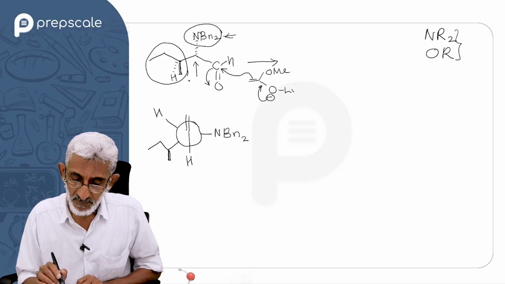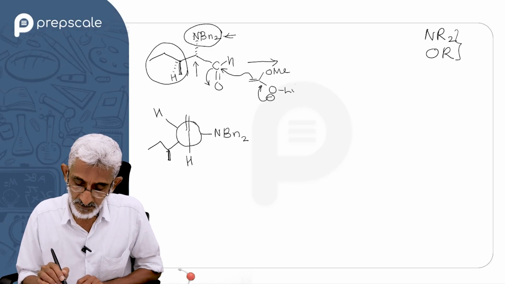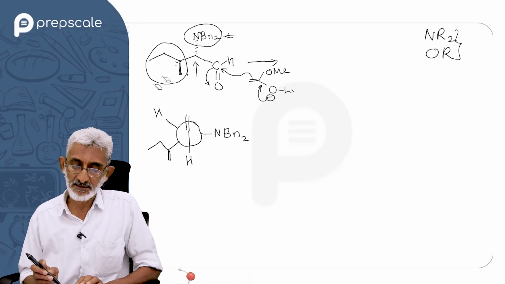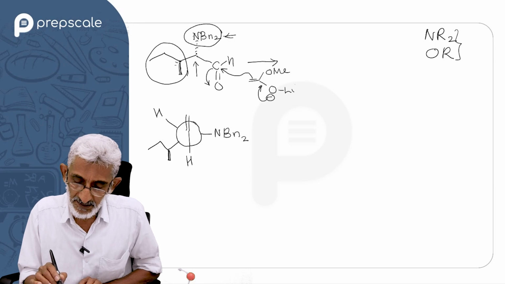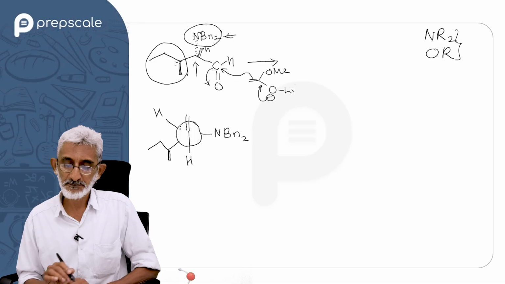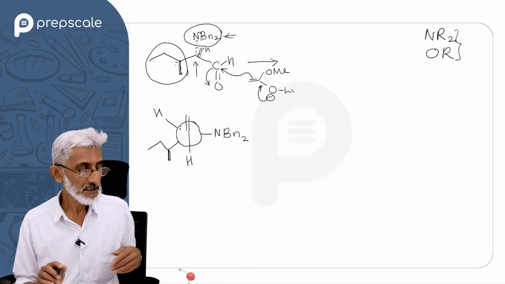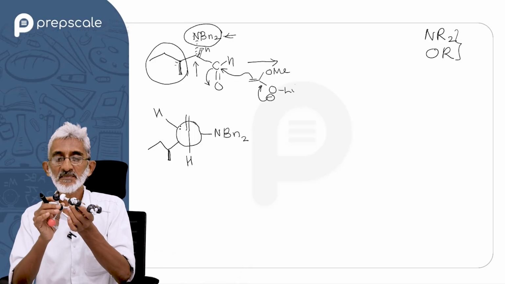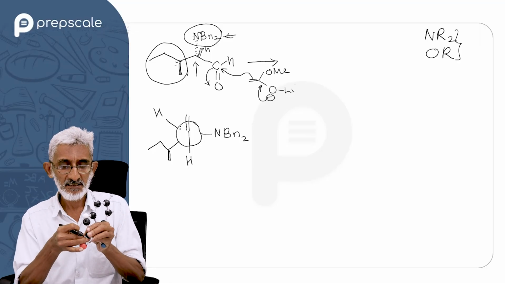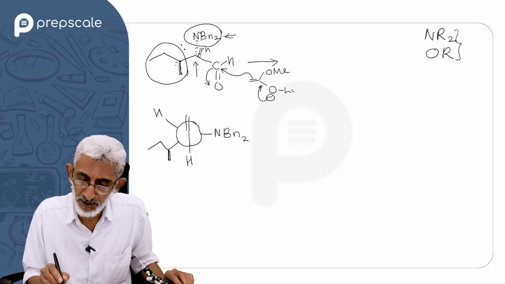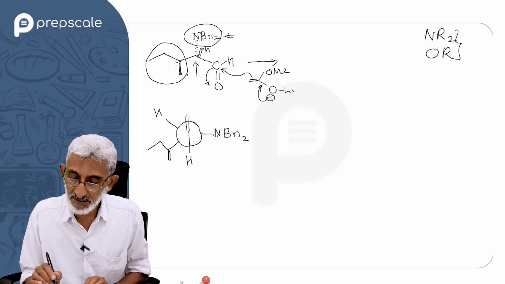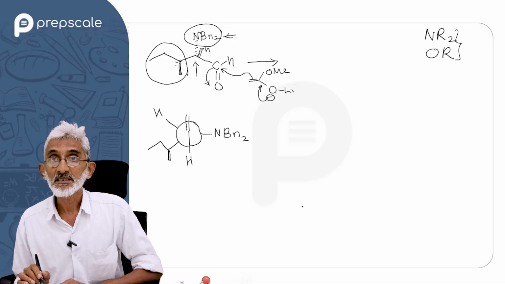Not methyl, let it be. We are not interested, that will not be affected. So this is the H which we are talking about here. Same principle. Only thing is, you are not considering this alkyl group as a bulky group. You are considering the group containing the electronegative atom as a bulky group.